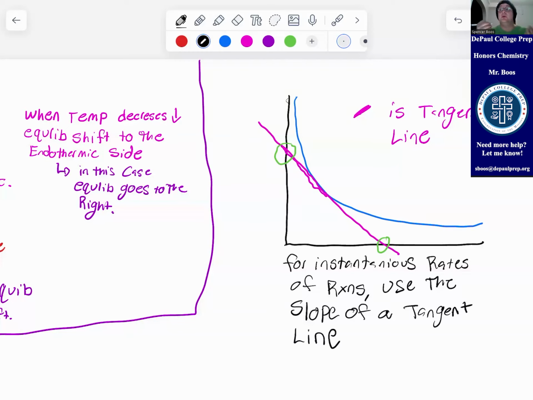And of course, if you need a refresher of how to calculate slope, it is rise over run, or y-intercept over x-intercept. For those of you who asked that question, I hope that helped.